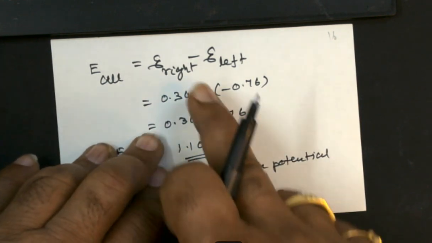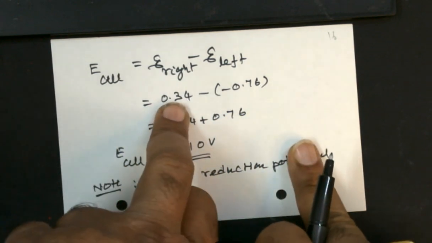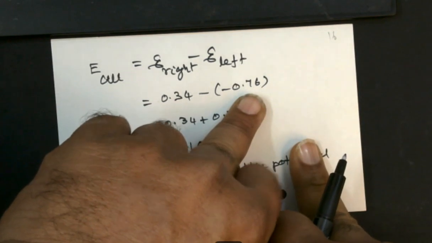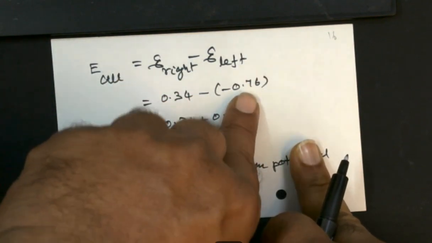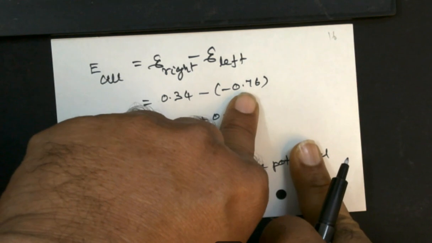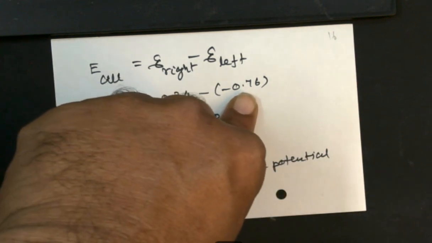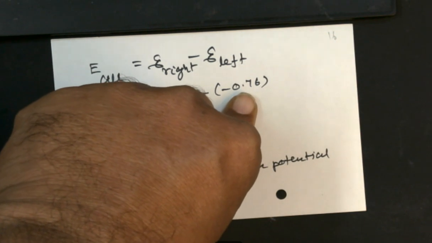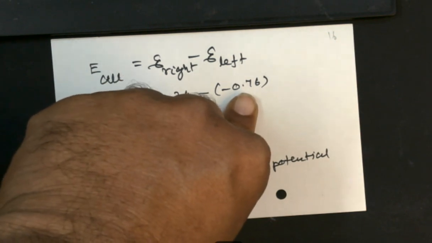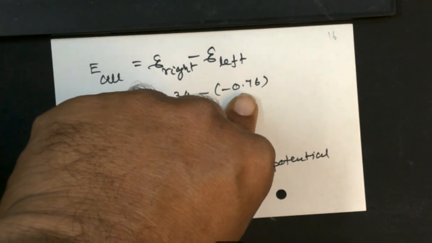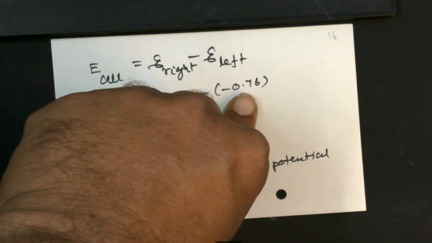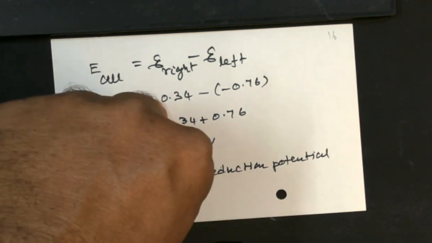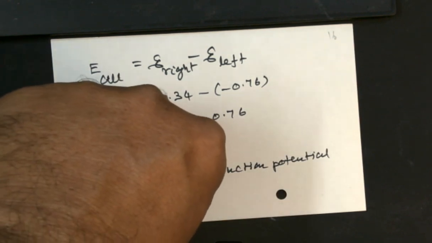For example, this is the reduction potential 0.34, and this is the reduction potential minus 0.76. So when the left electrode has got a minus value of reduction potential, you should understand that it doesn't have the cathodic capacity. Do you understand? Because it has got the minus value, naturally it cannot act as cathode as far as the other electrode is concerned. So likewise we can come to the judgment.